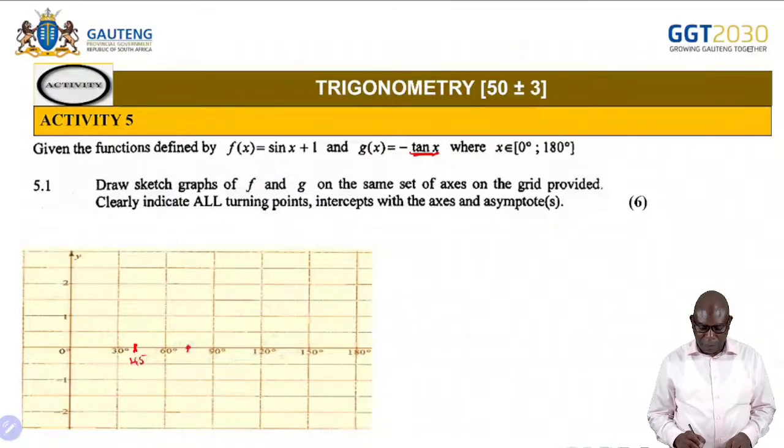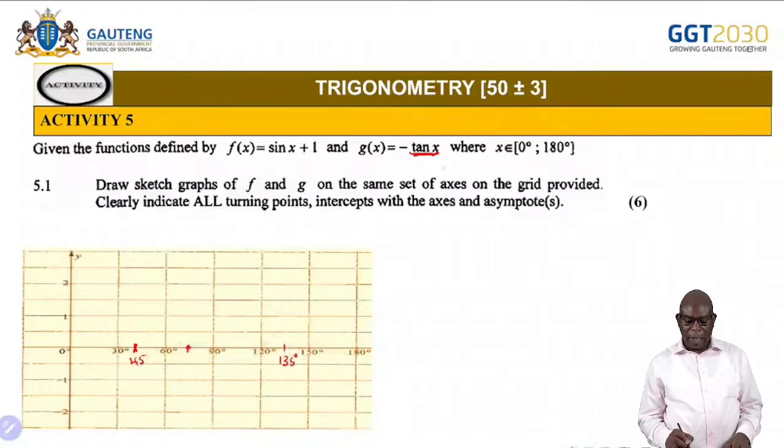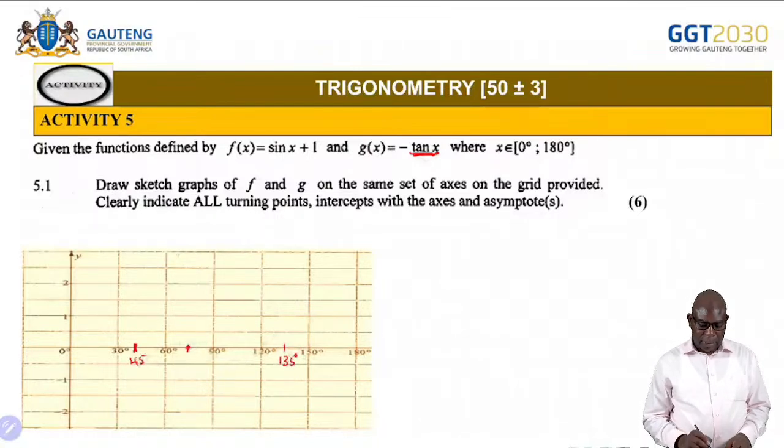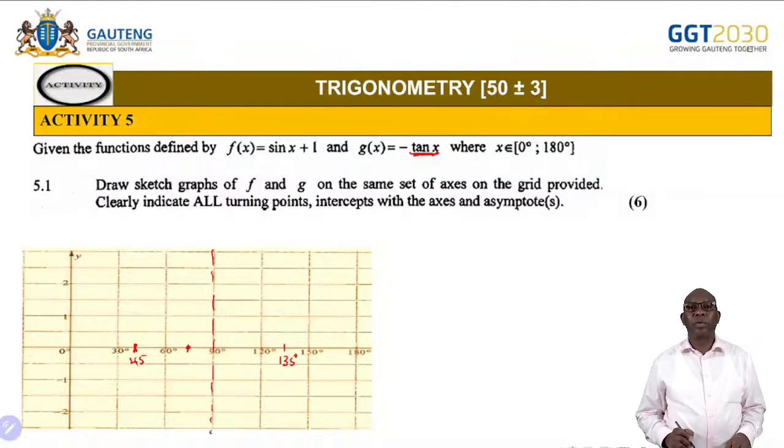It was supposed to have 135 somewhere here. Okay, right. Immediately I see a tan here. Then I go to my 90 and I draw an asymptote. At 270, or the graph will stop at 180, so I don't need another asymptote. Okay, right, good.